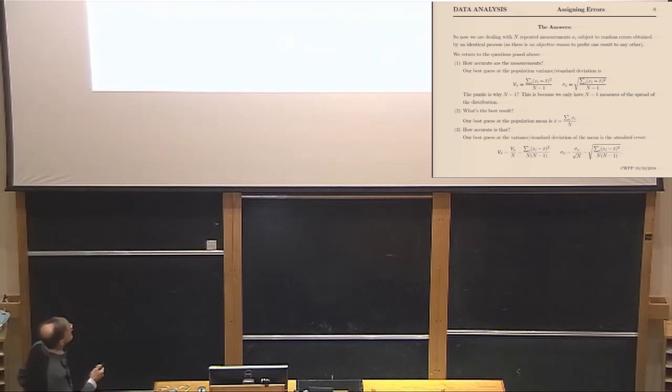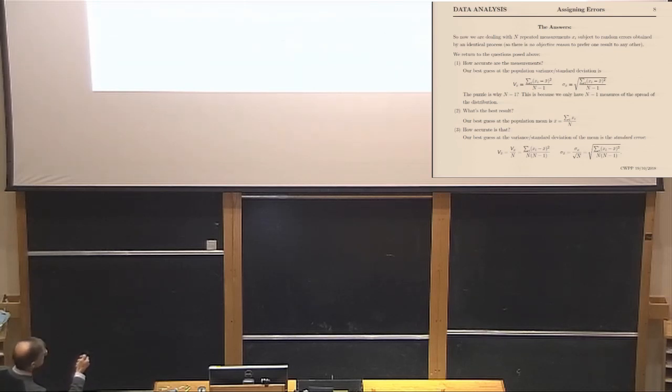And so we only have n minus 1 measures of the spread of the distribution, and so the division here is by n minus 1. I shall prove that in the last lecture, probably. That is to say, it's on the sheets, but whether we'll get to it remains to be seen.